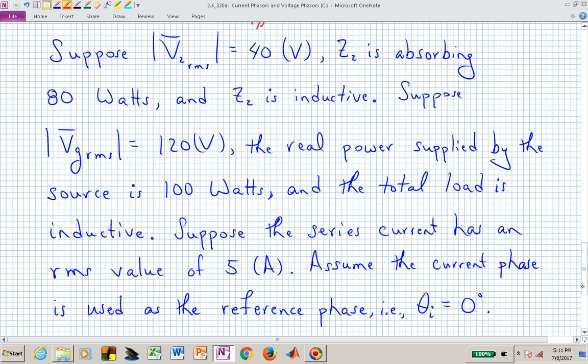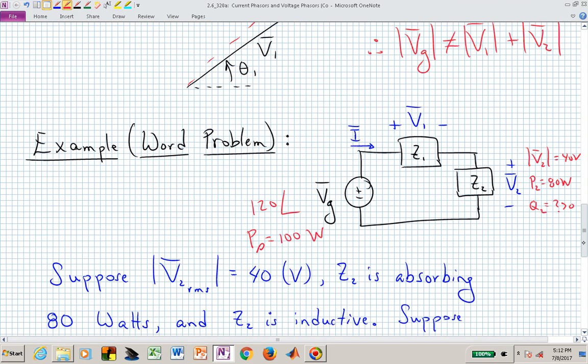Oh boy, we have even more. Now we're told suppose the series current has an RMS value of 5 amps, and assume the current phase is used as the reference phase, and it's 0. So now we know that I is 5 at 0 degrees, and we don't know this angle.